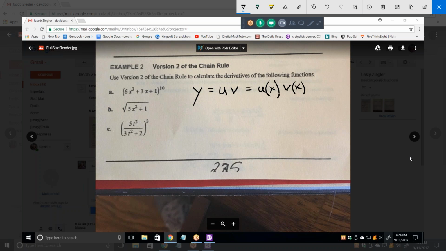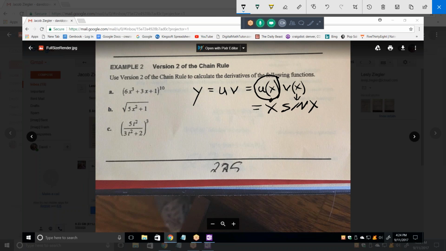Each one is a function of X, and you can't actually multiply them together. An example might be X sine X. I can't multiply those together. That's as much as I can simplify, X sine X. But what it is, U of X is X, V of X is sine X. They're both functions of X. Therefore, I can use the product rule.